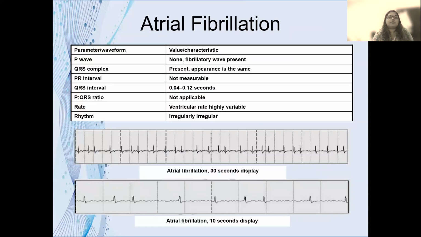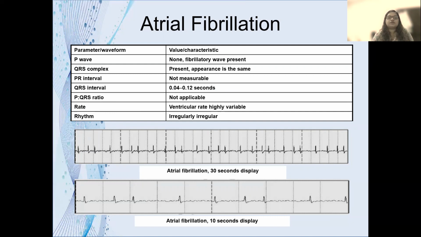Okay. Now coming to atrial fibrillation, the P wave you cannot differentiate. The atria is just vibrating or fibrillating, and PR interval is not measurable. So the P-QRS ratio is not applicable. You can't even find a P wave there. Ventricular rate is highly variable, it changes, and rhythm is irregularly irregular.